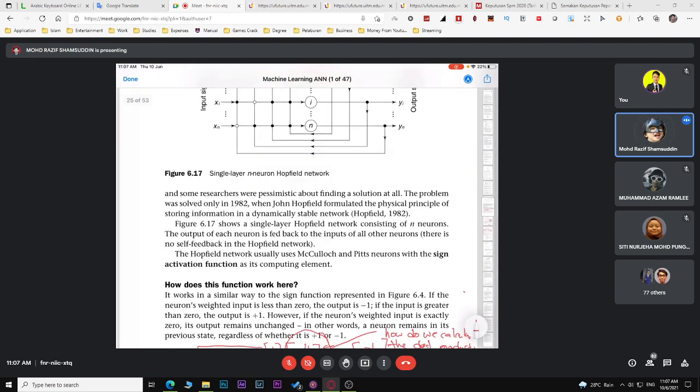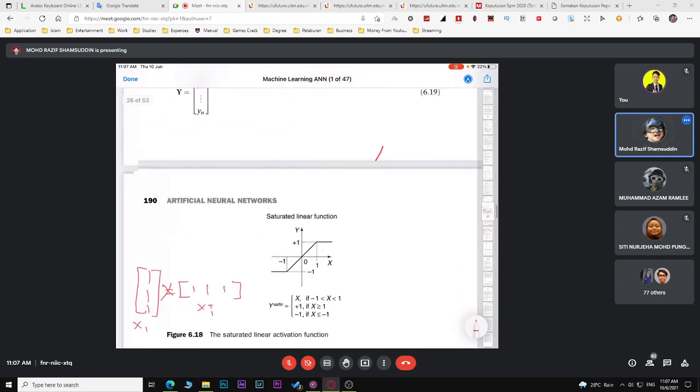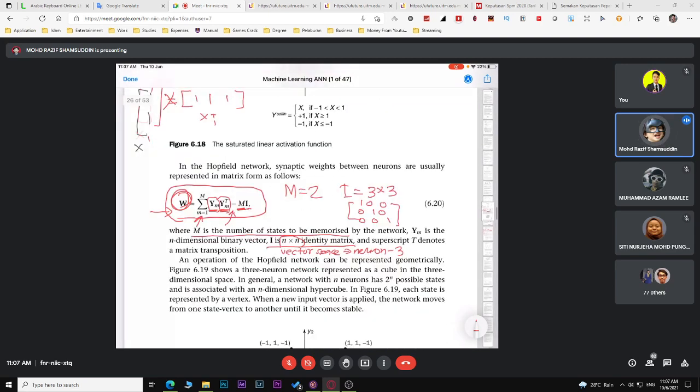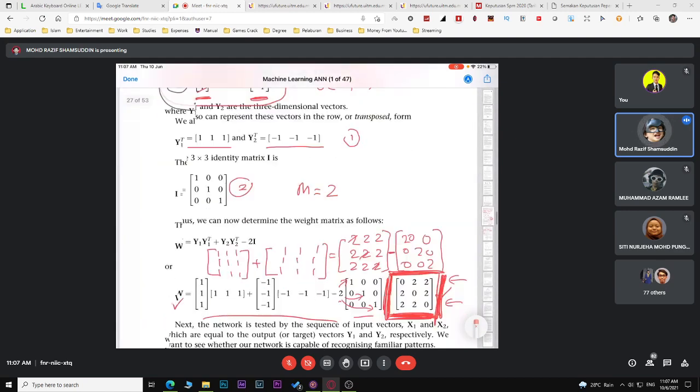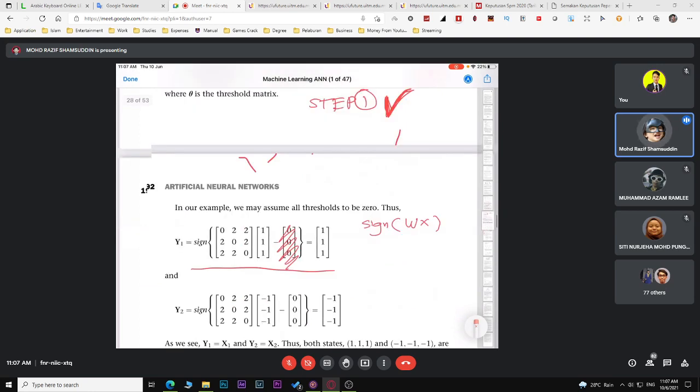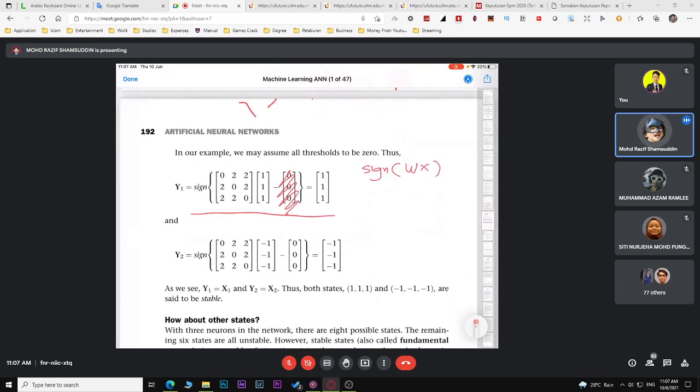Okay. But don't get me wrong. Some Hopfield network, okay, yang tak stable, you boleh customize dan letak bias, right? So that it becomes more stable. But for this example, the design of the Hopfield network is without bias, alright?